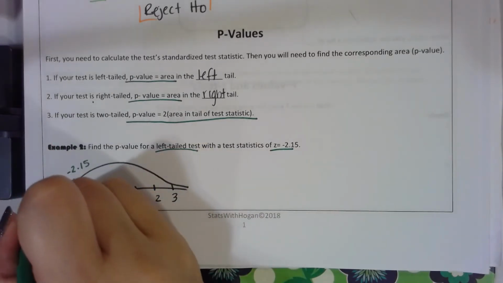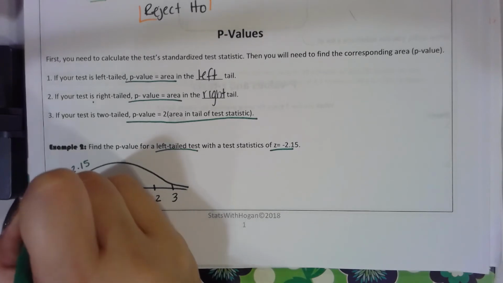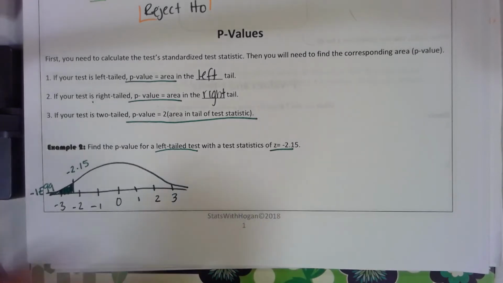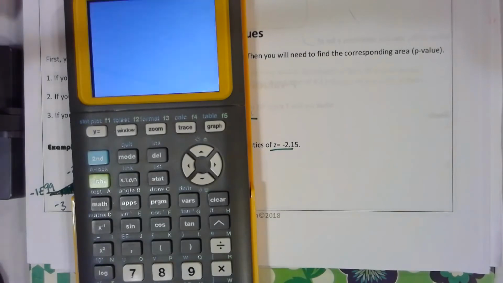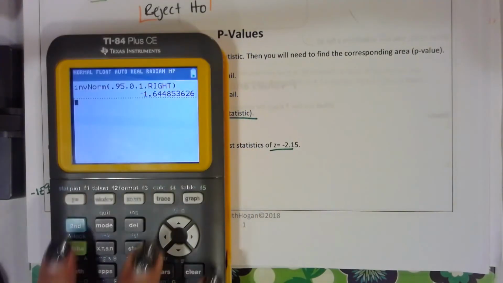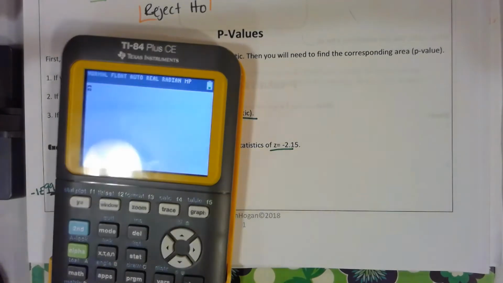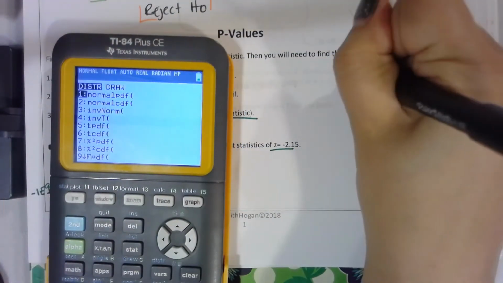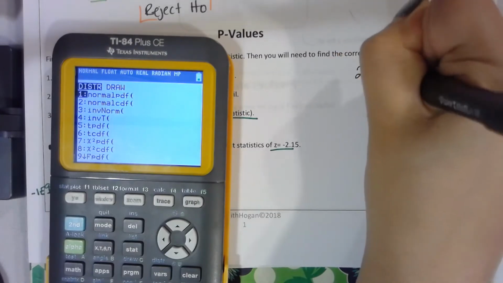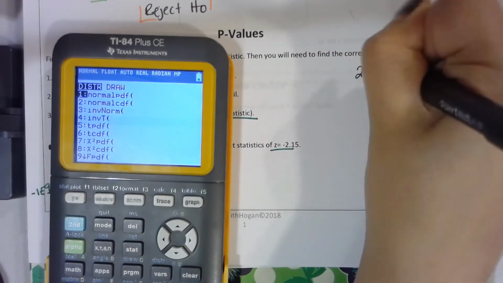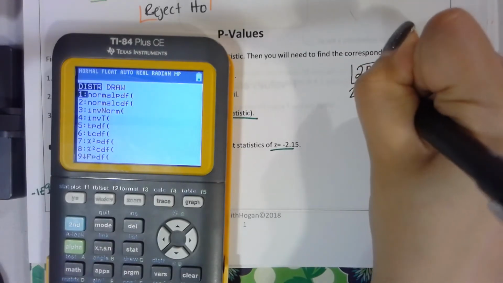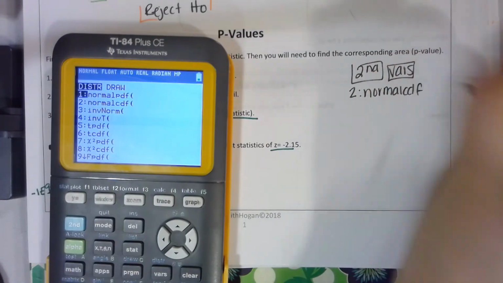If you're a left-tailed test, your lower bound is going to be -infinity. And then remember, you can get that -infinity by hitting second and this comma, which has 2 e's above it. Now your upper bound is going to be your z value of -2.15. Your mean should stay at 0 and your standard deviation should stay at 1.